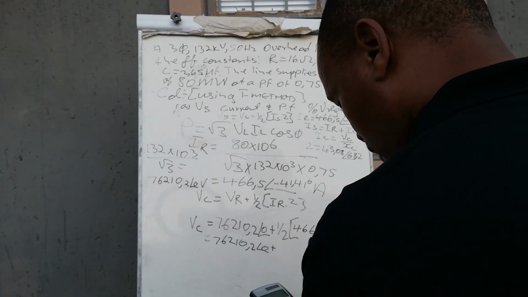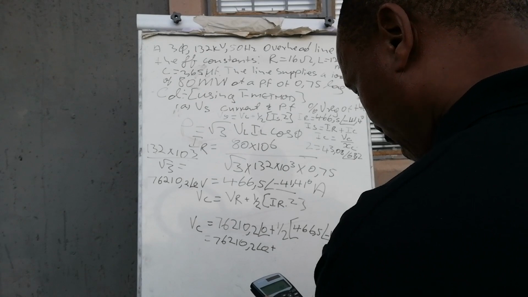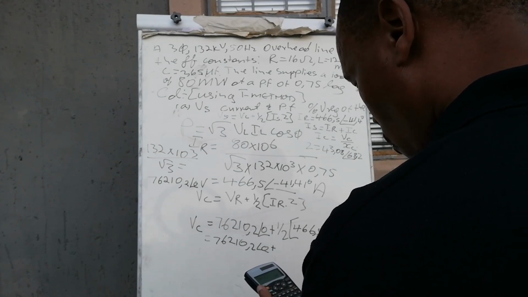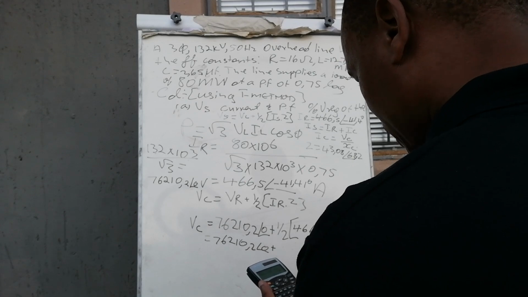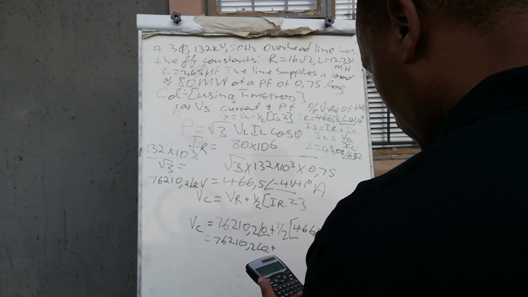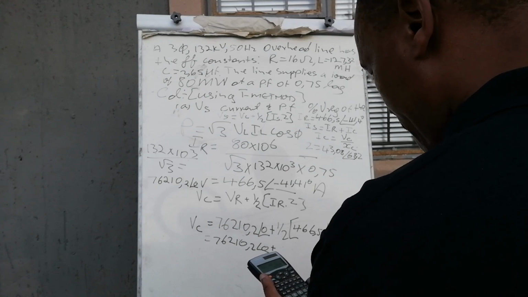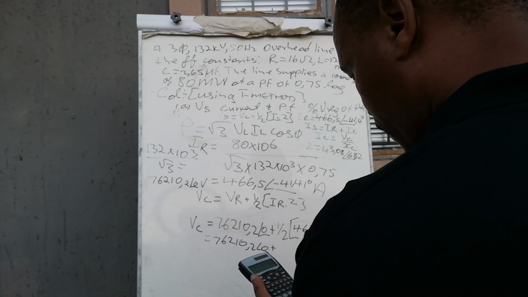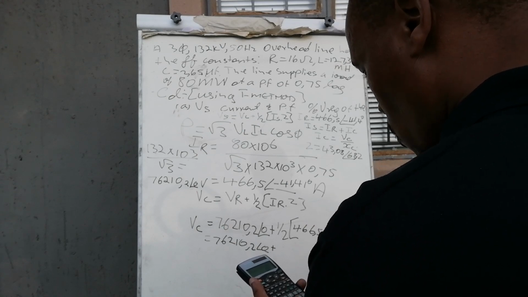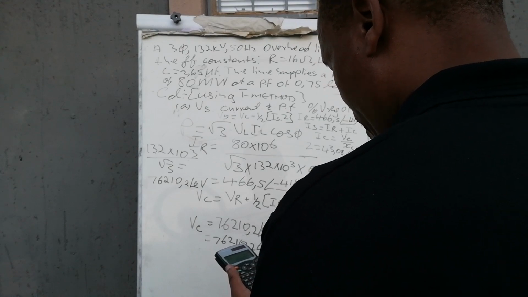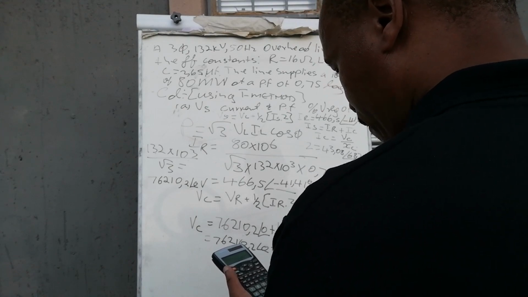Let's say it is 466.5 angle of minus 44.41 multiplied by 43.08 angle of 68.2, answer, multiply by 0.5.